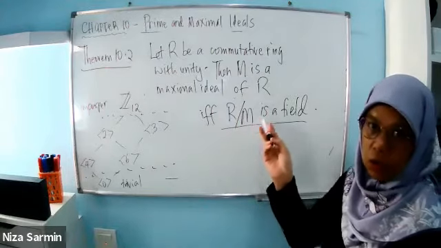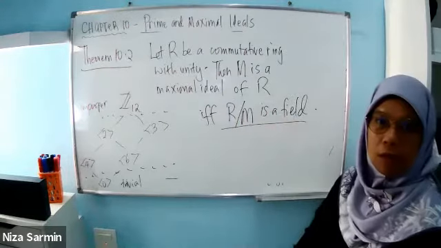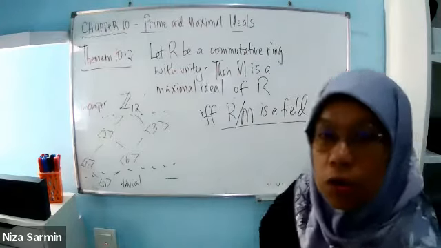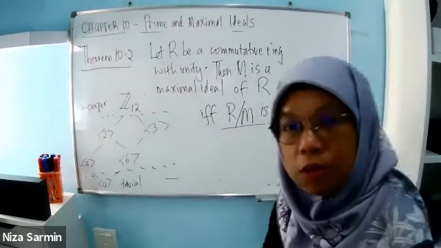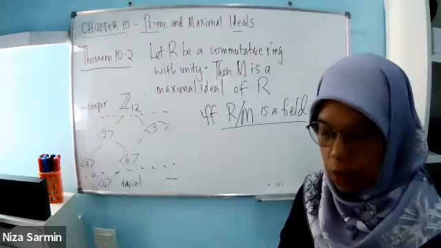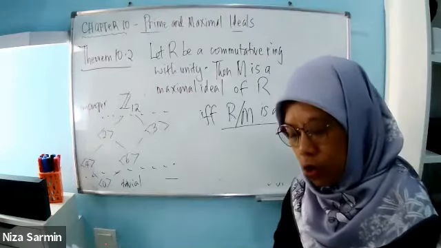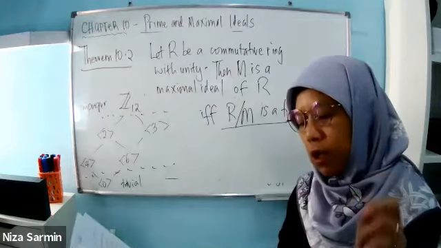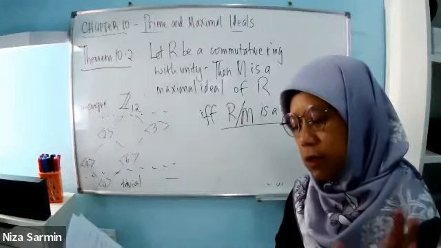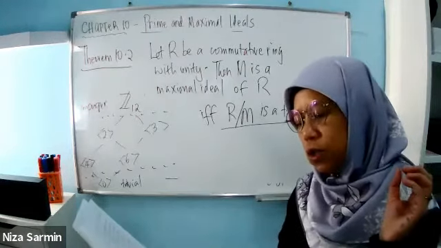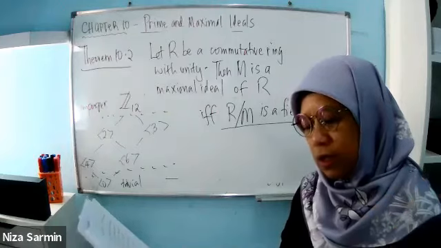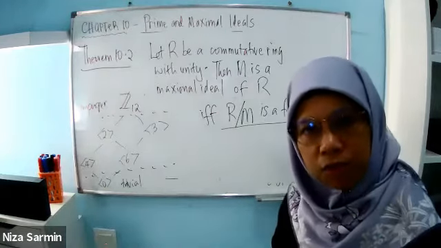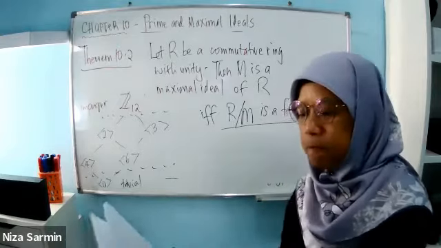Okay, a field is a ring in which all non-zero elements are units. I won't go through the proof. You can go through one by one. One is maximal, one you assume commutative ring with unity, and then there is a coset, and there's the homomorphism.